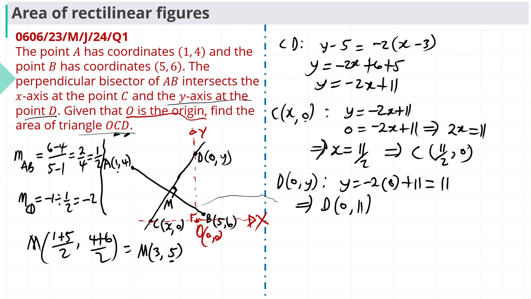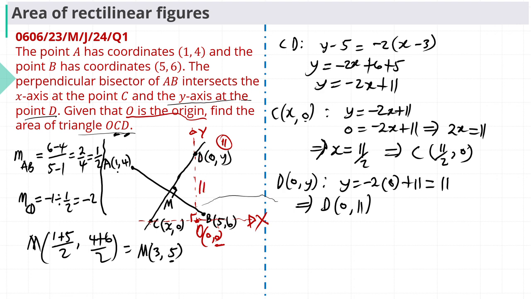Now the x-axis and the y-axis intersect at 90 degrees. So distance OD is simply the change in the y value in the coordinate D: 11 minus 0 gives you 11.